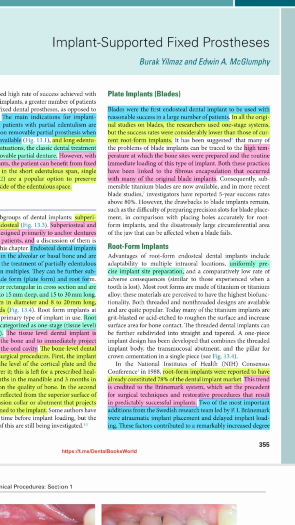They needed a large bone site preparation, which exposed the bone to high temperatures, and the routine immediate loading of these implants decreased their success rate because fibrous encapsulation around these types of implants was reported.